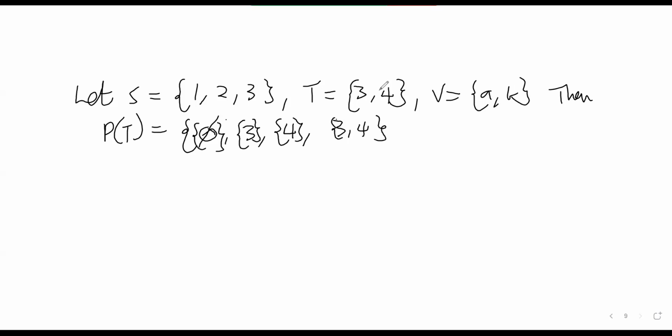So the power set of a set is all the subsets of the set: the empty set, {3} is a subset of T, {4} is a subset of T, and {3, 4} is the universal set, which is also a subset of T. So that gives you the power set of T.